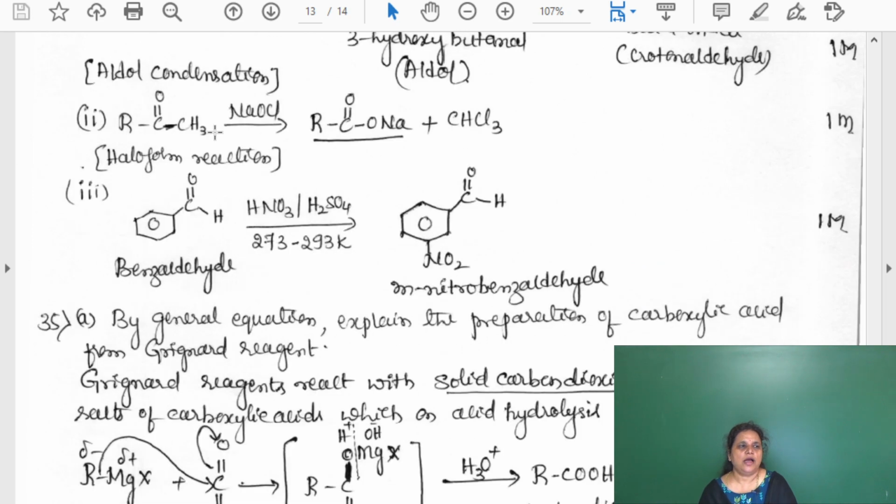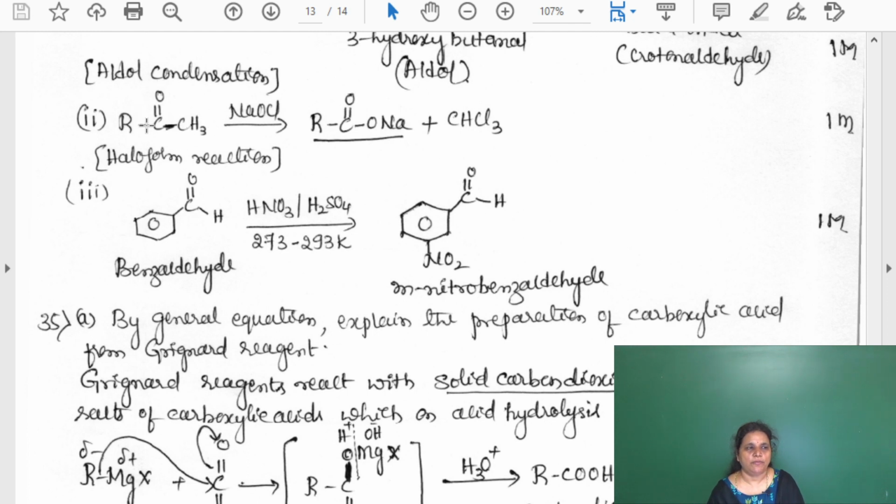Next one is acetone, or any ketone containing an alkyl group, that is an alpha methyl group, when it is heated with sodium hypochlorite. That means when it is treated with sodium hydroxide and chlorine, it gives sodium hypochlorite. The reaction is again a haloform reaction. Here is an alpha hydrogen, here is also alpha hydrogen.